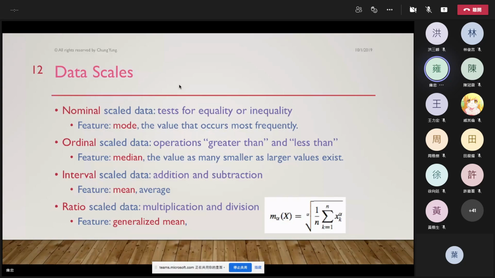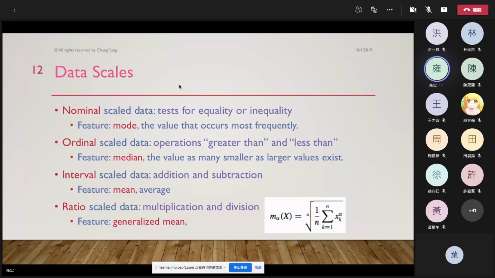As you can see, the first two types of data, we cannot add them. So the feature mean is actually what we usually call the average value.